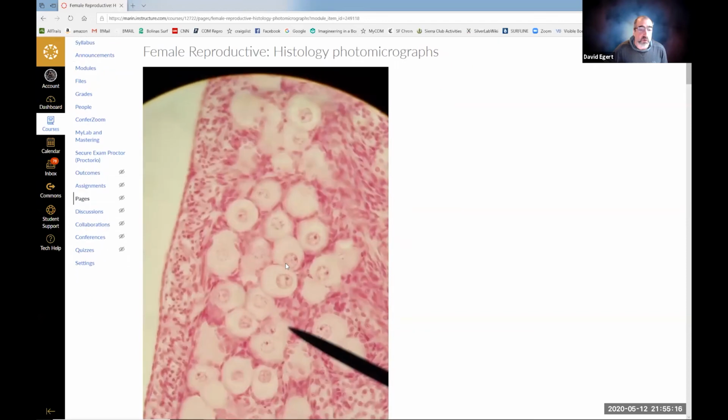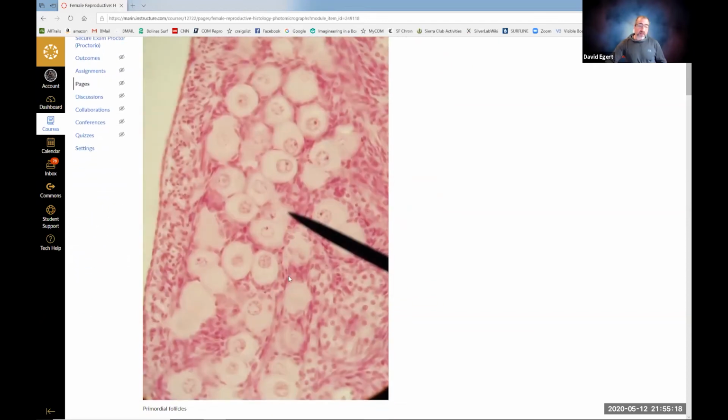And this is ovary. And these are the little itsy bitsy primordial follicles. So here we are in the cortex, in the outer part of the ovary. These are all cat ovaries because they are way easier to show all the things and find all the things. But basically right here, each of these things is a primary oocyte.